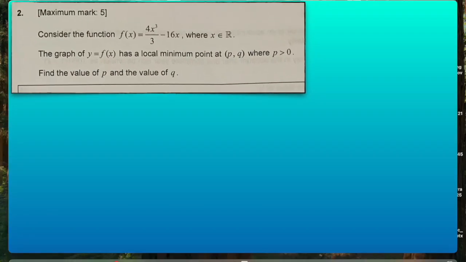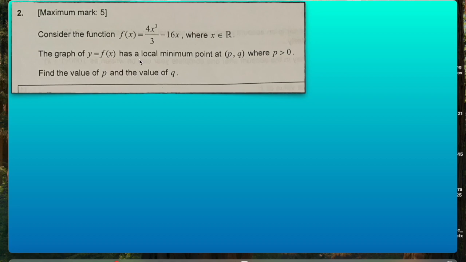Number 2, consider the function f of x is equal to 4x cubed over 3 subtracted by 16x, where x is an element of real numbers. The graph of y is equal to f of x has a local minimum point at (p, q), where p is greater than 0. Find the value of p and the value of q.